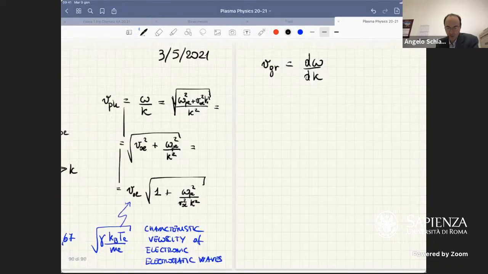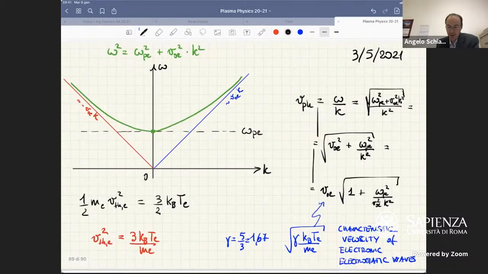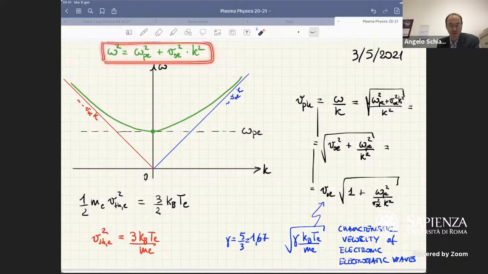It's easy to express our dispersion relation as omega as a function of k. We could take the square root of it and then do the derivative, but another way that is easier is to differentiate this relation and from that get the group velocity.